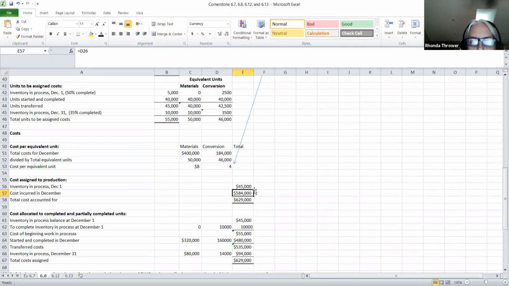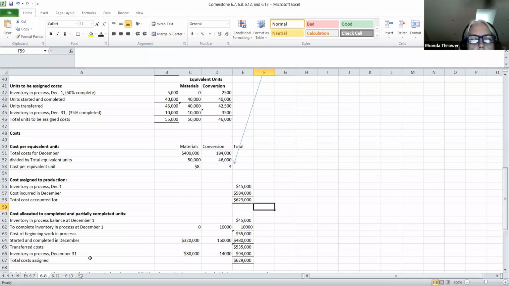I just brought these two figures down, added them together, and that gives you the total cost to account for. This cost right here that's double ruled has to be reconciled with what's happening down here. And if you want to, you could go ahead and put this down here and plug it in, because that's what it's got to end up being.